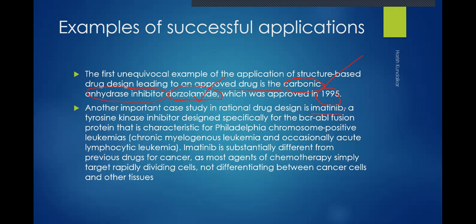Imatinib, this particular example I have taken, is actually a monoclonal antibody that was found via protein-protein docking. So dorzolamide was a ligand found via ligand-protein docking, and imatinib was designed using protein-protein docking. Both are successful applications.